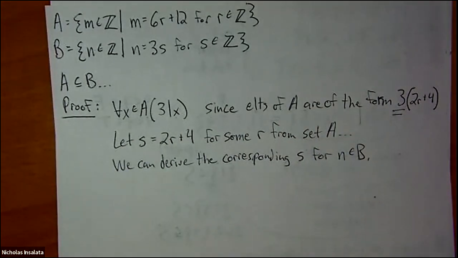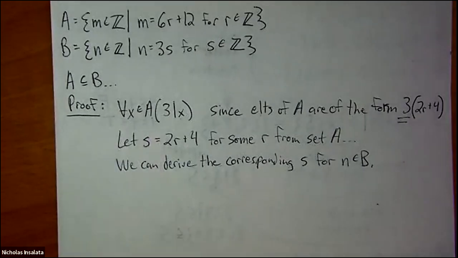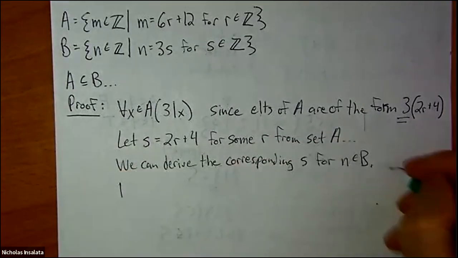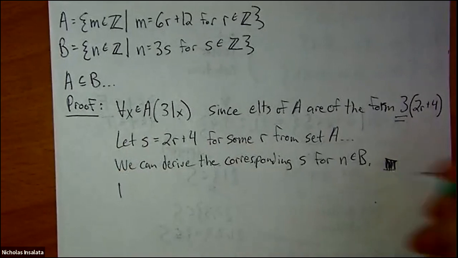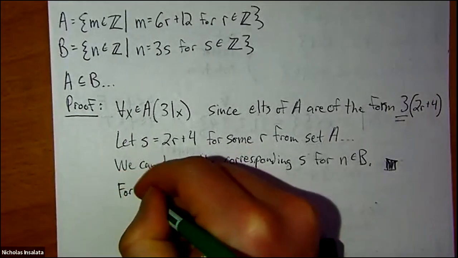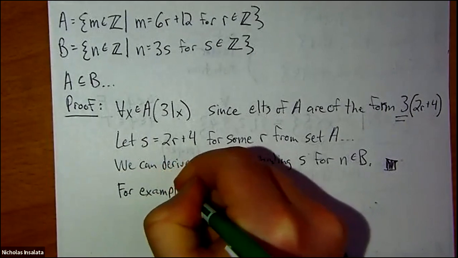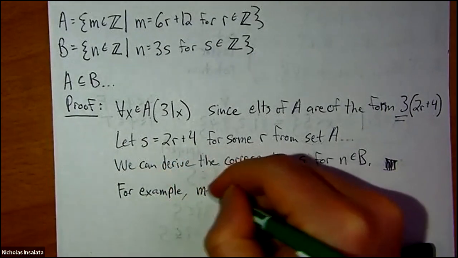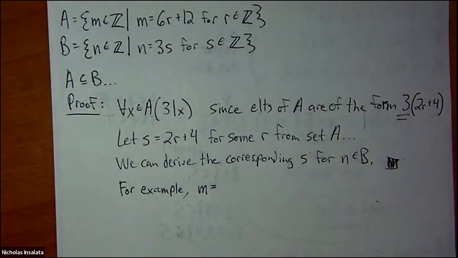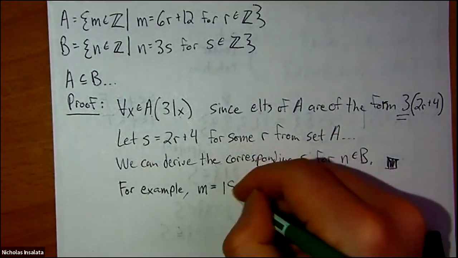Maybe we should do an example. So let's say that we had m, for example, and that can be our proof, right? I think that's sufficient. Let's do a little example. For example, let's say m equals 18, right?